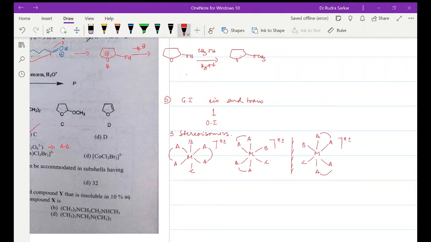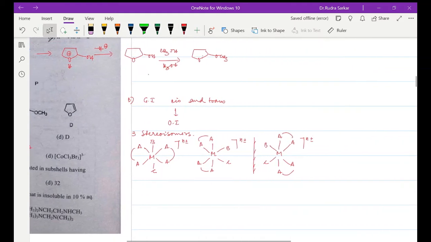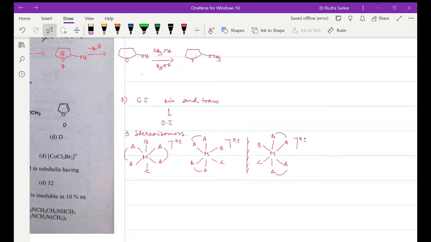Okay, so in total there are 3 stereoisomers for B. For C there will be in total 4 isomers.